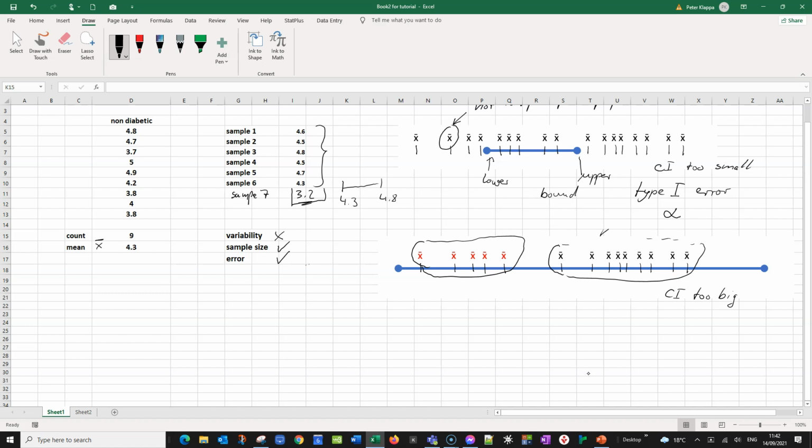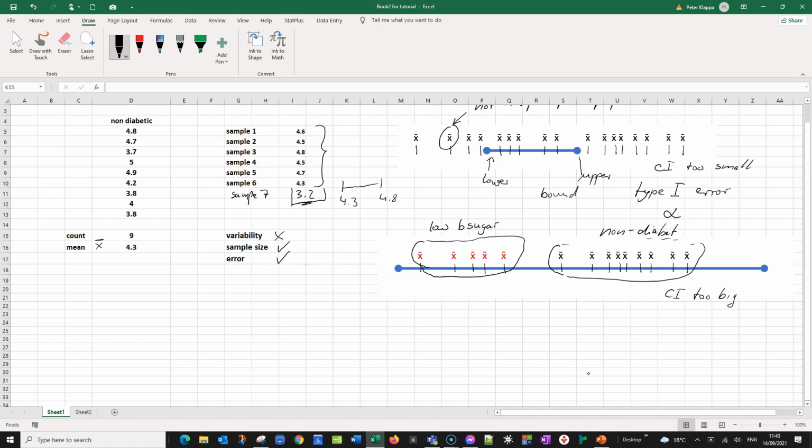This is the non-diabetic, and these are people with chronic low blood sugar level. And these are different populations.